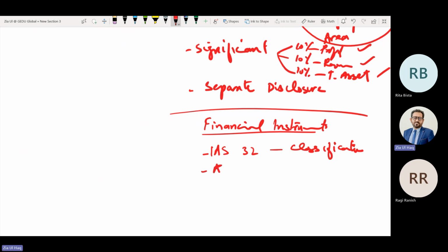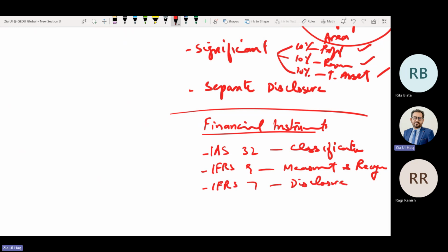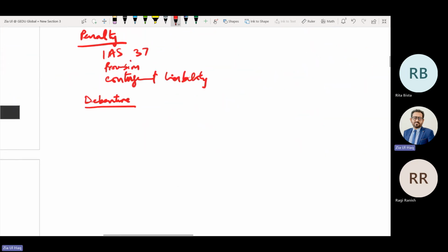IFRS 9 is due to measurement and recognition. And we have one more accounting standard, IFRS 7, relating to disclosure of financial instruments in the financial statements. Debenture is what? A financial instrument. So we'll discuss per IFRS 9.